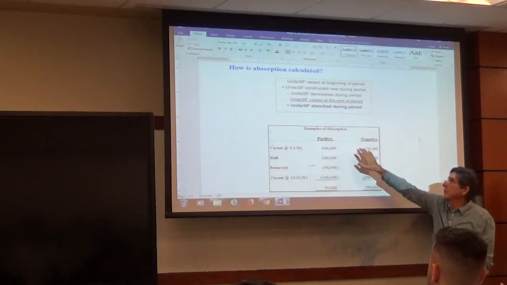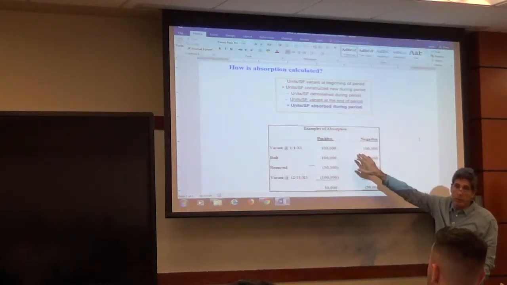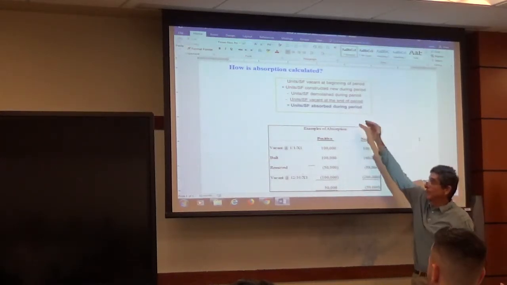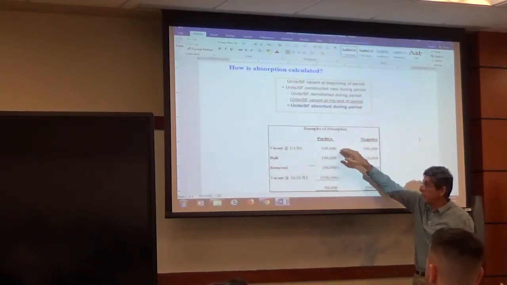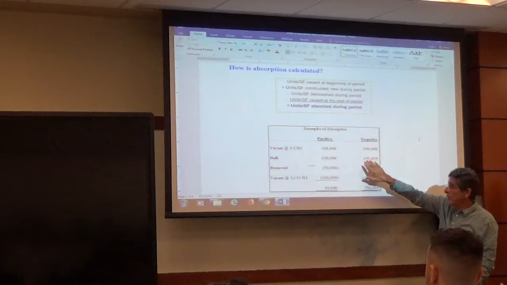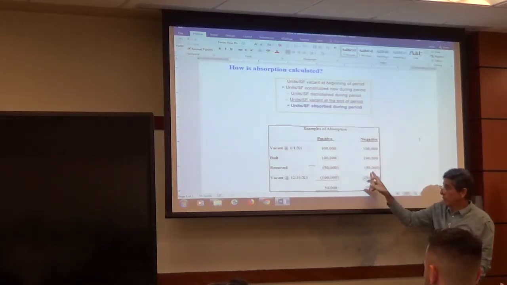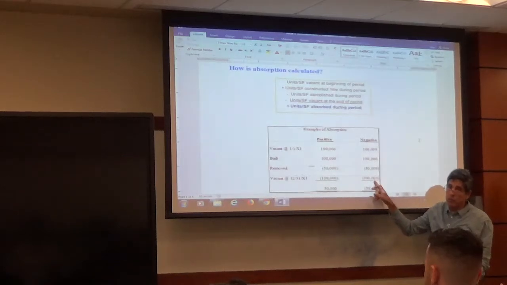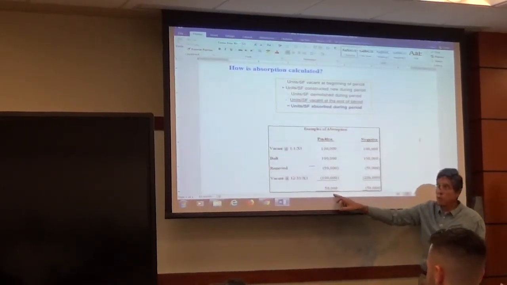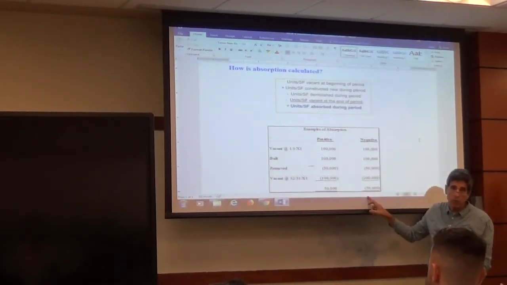So beginning of the year we had 100,000 square feet vacant. 50,000 were removed, there's 200,000 vacant at the end. Positive absorption of 50, negative absorption of 50.